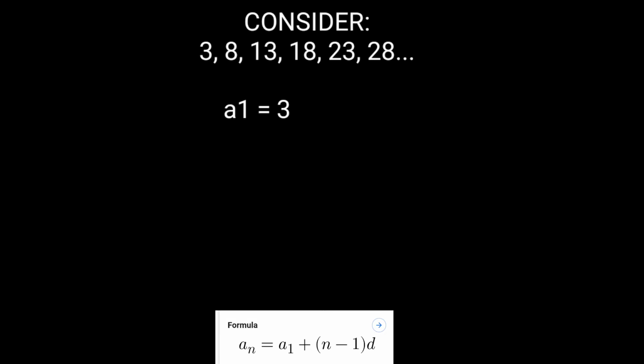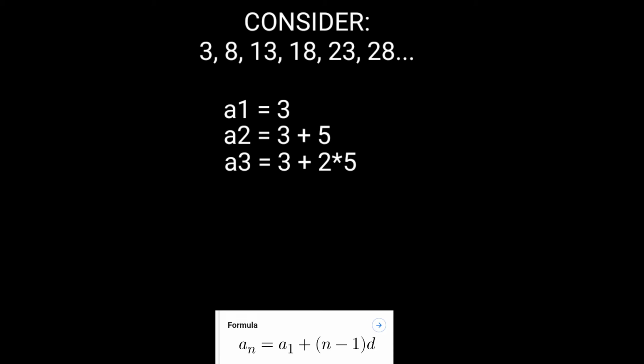Our second term is 3 plus the difference, 5, so that would be 8. The third term is 3 plus 2 times 5, which is 3 plus 10, or 13. So our a3, the third term, would be 13.